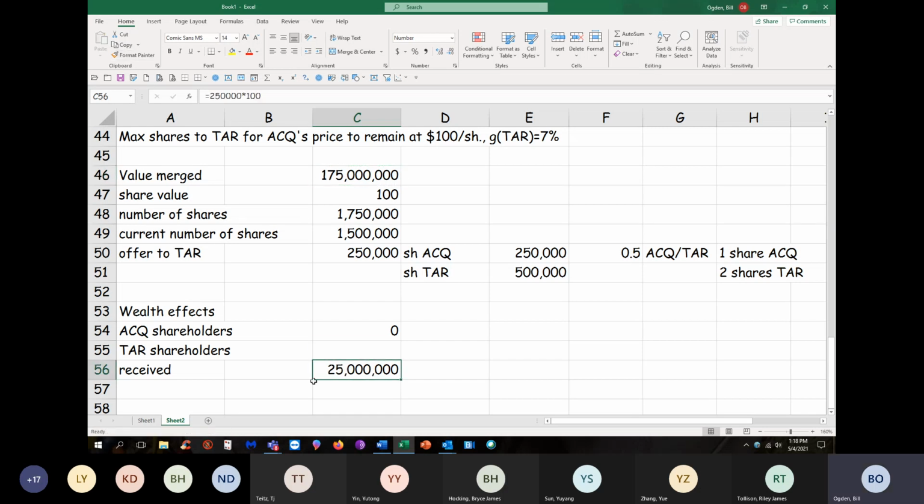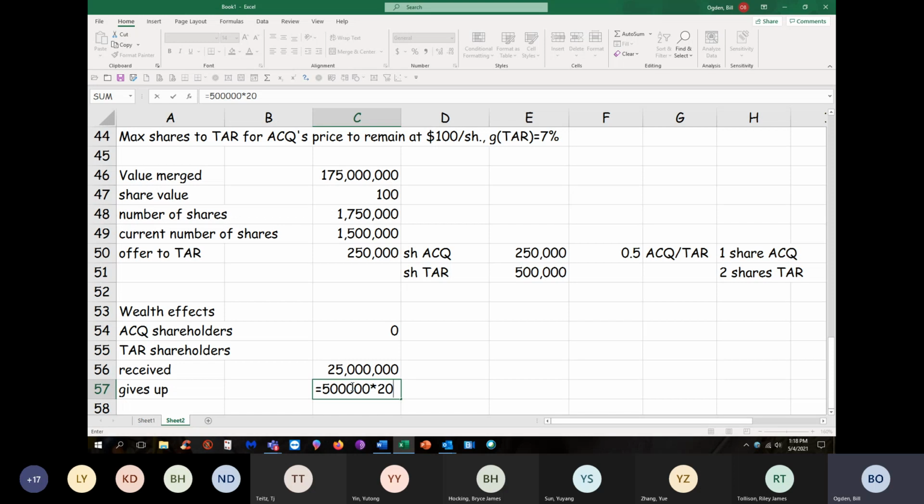All right, and what did they give up? Well, they gave up their 500,000 shares, which were worth $20 a share. So you have to be real careful with these. Which shares are which, which price attaches to which share.